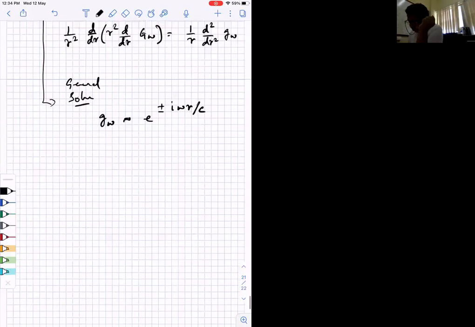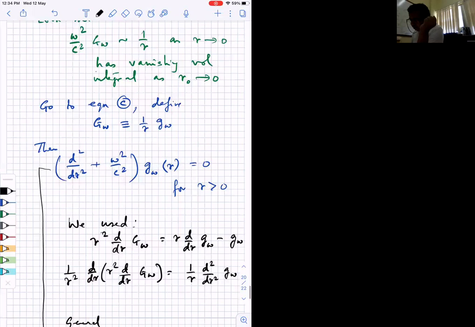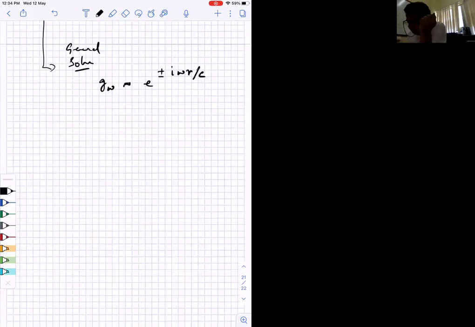Okay, so now I'm going to put this back and get the big GW, because if I know the small GW, I know what the big GW is. By the way, I keep on saying W and none of you stopped me, and we do this every time.